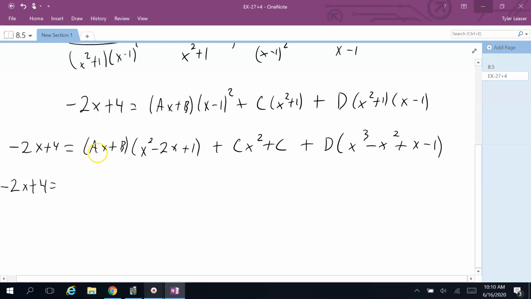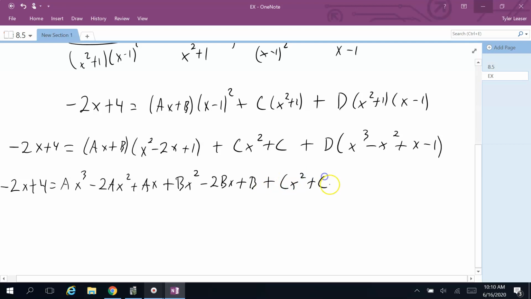I'm going to multiply the ax times these 3 terms, and then the b times those 3 terms. Copying down the cx squared plus the c, and then distributing that d into all of this. So it looks like I will have enough room, which is nice.